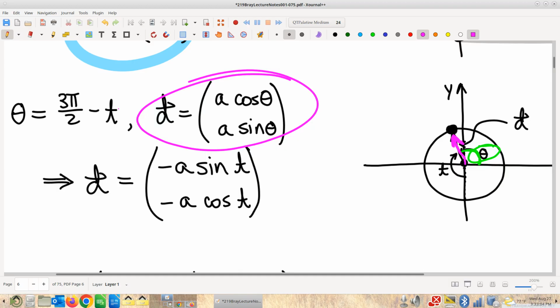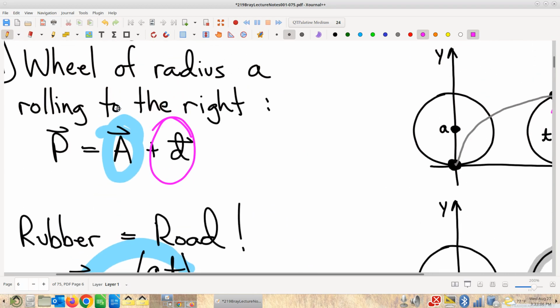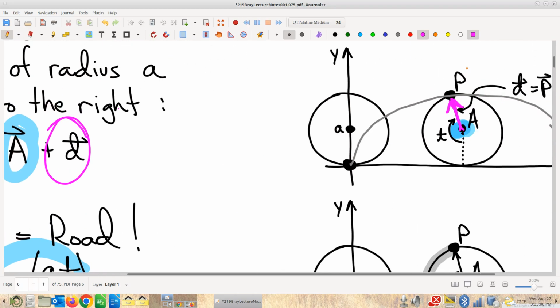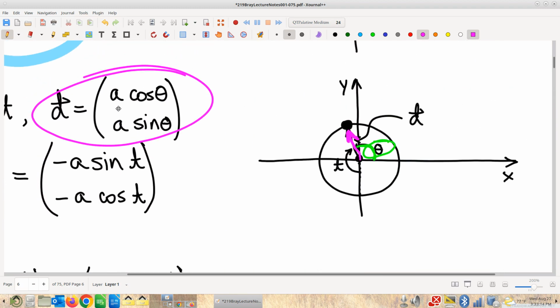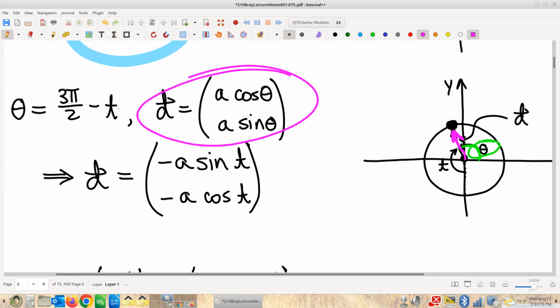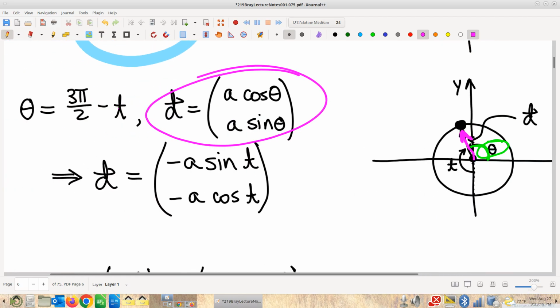Unfortunately, I've already decided that I need to write everything in terms of t, this angle. I've got to be consistent, right? I need position in terms of a single parameter. So I currently have d written in terms of a different parameter. So I need to figure out how to get rid of theta and get t into this formula.